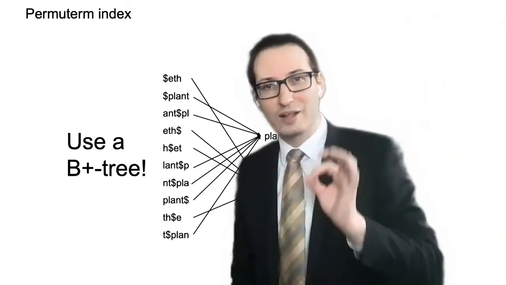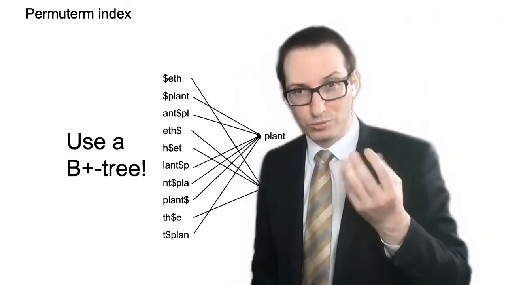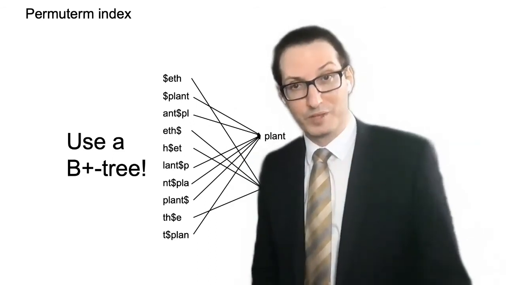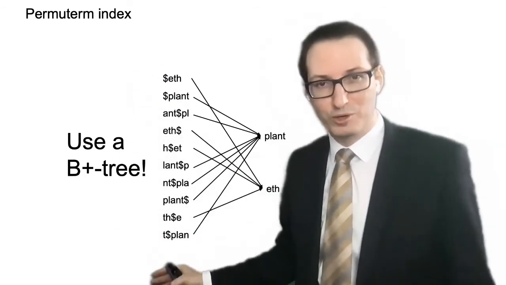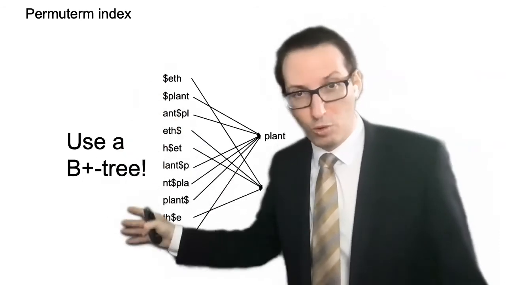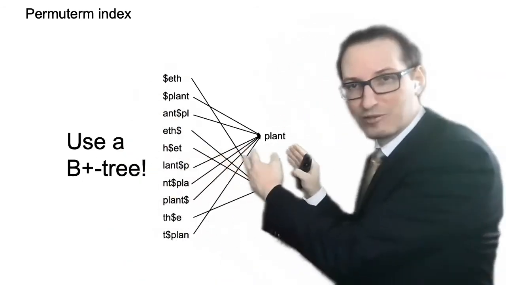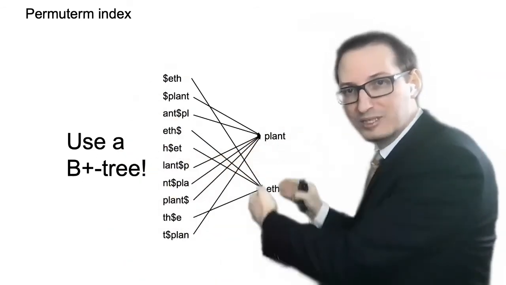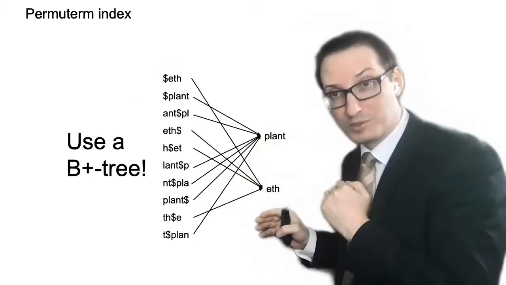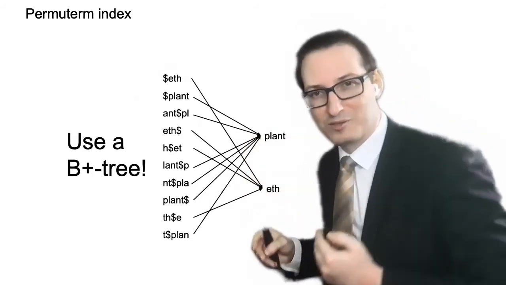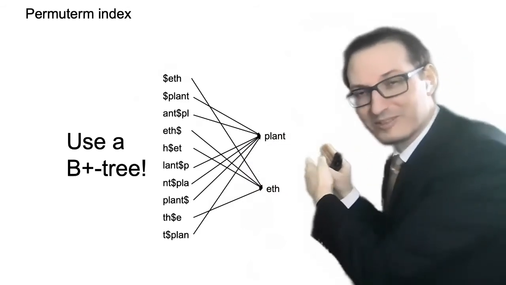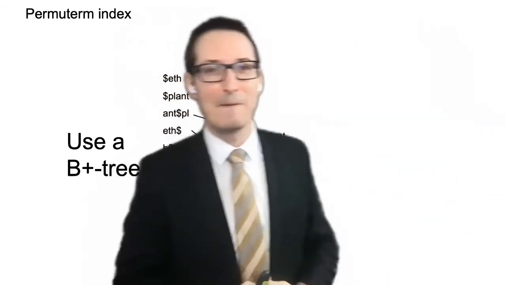And what we are going to do is again use a B+ tree structure. So we put all the rotations of all the terms in a B+ tree, but instead of the postings list, we have the original terms. But of course, if you want to optimize further, why don't you also put the postings list? Yeah, go ahead.